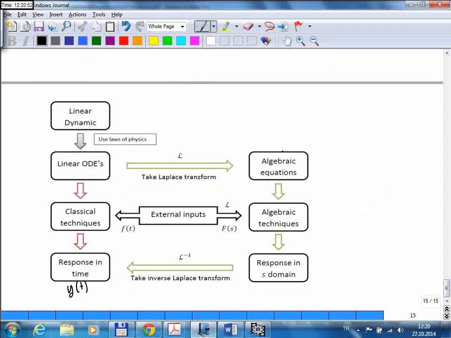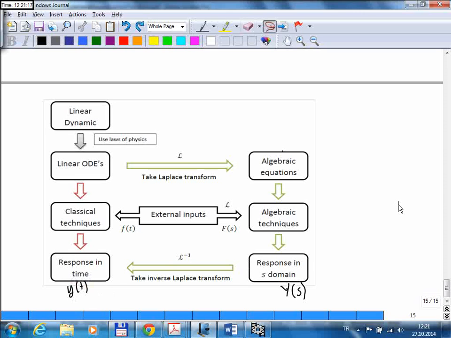If you go through this longer path, you obtain the response in S domain, a function in S domain, capital Y of S, and by taking the inverse transformation, you transform this into time domain, and you get exactly the same response. So the same response in time domain can be achieved that way.